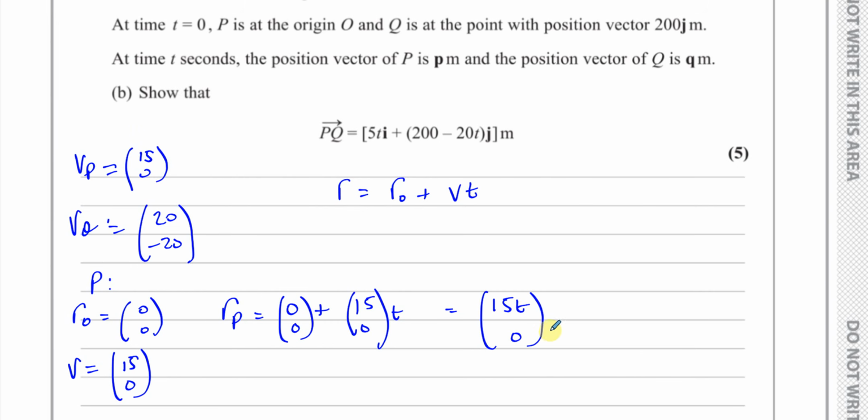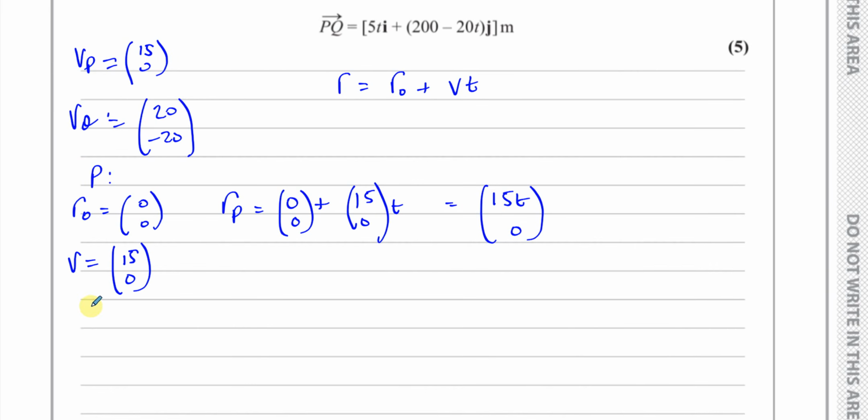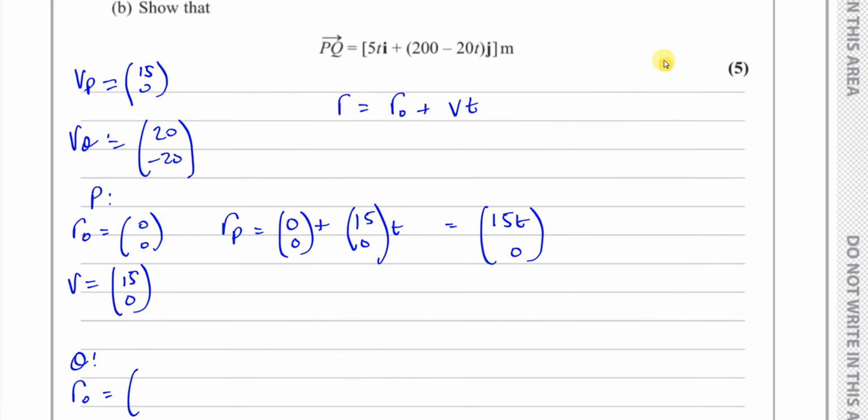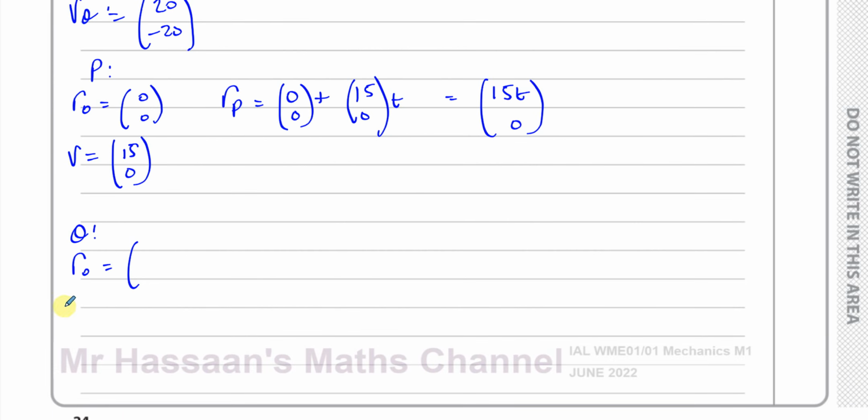Write it like that. And we know that for Q, its initial position is, as they told us here, 200j. So that means 0i and 200j, like this. That's the position when time equals 0. And we know also that its velocity, okay, so this is the velocity of P. The velocity of Q is given by (20, -20), as we learned in the first part of the question.